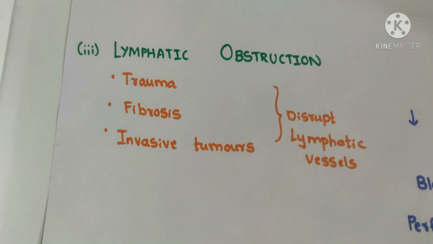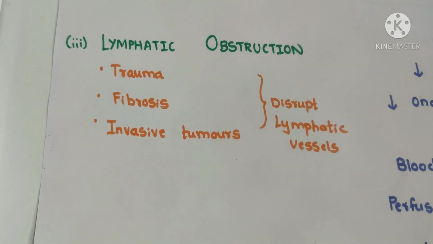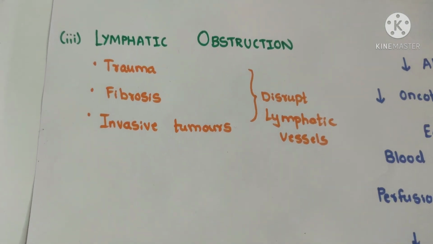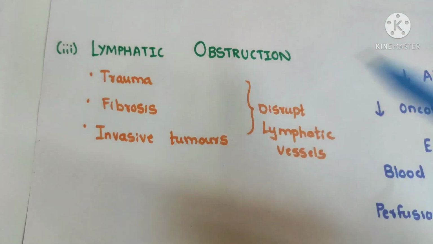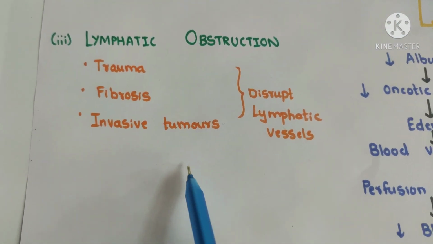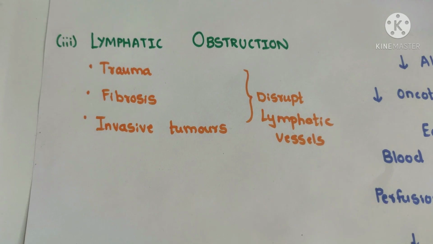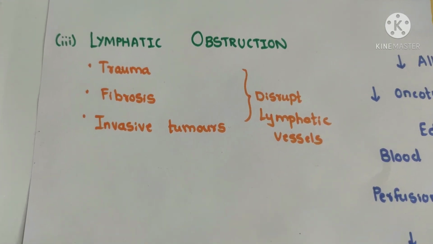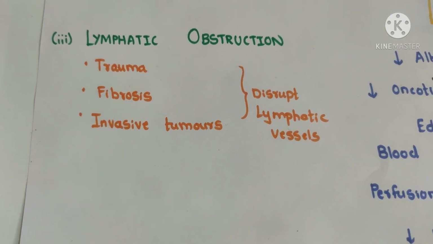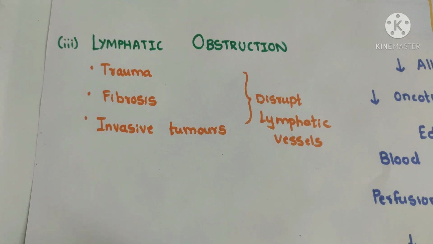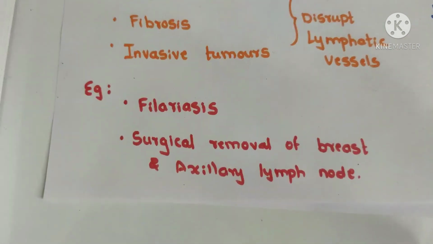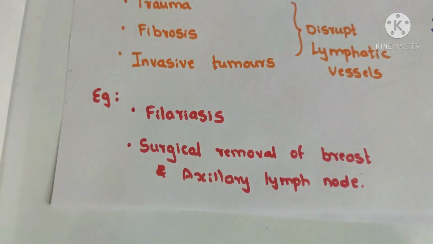Hence, it will cause lymphedema. An example is filariasis, in which there is fibrosis of lymphatic vessels and lymph nodes of the lower part of our body. Hence, there is development of edema in the external genitalia and lower limb, which can lead to elephantiasis.